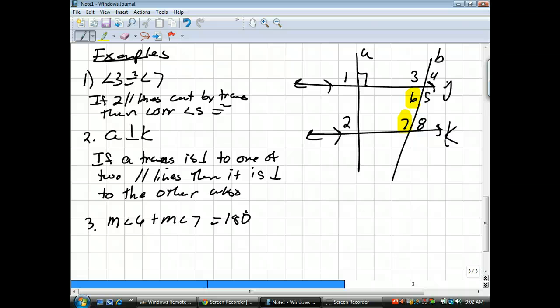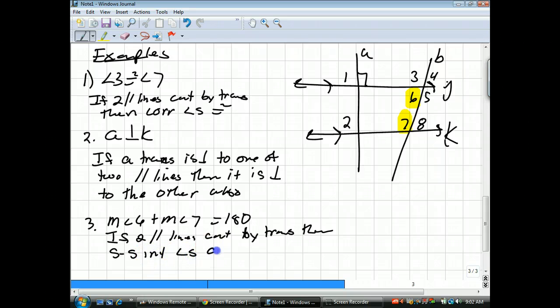And so the theorem says if two parallel lines are cut by a transversal, then, excuse me, same side interior angles are supplementary.